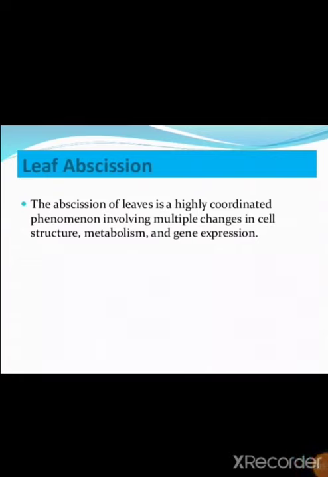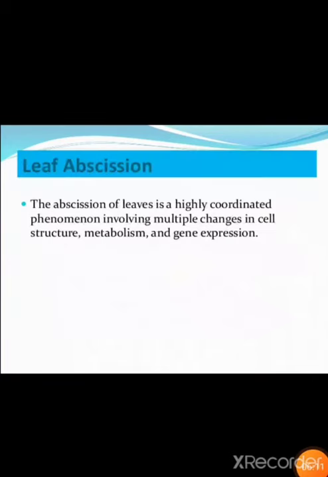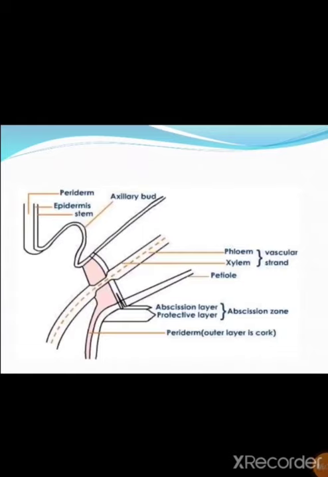The abscission of leaves is a highly coordinated phenomenon involving multiple changes in cell structure, metabolism, and gene expression. The diagram shows the abscission zone during the process of leaf abscission.